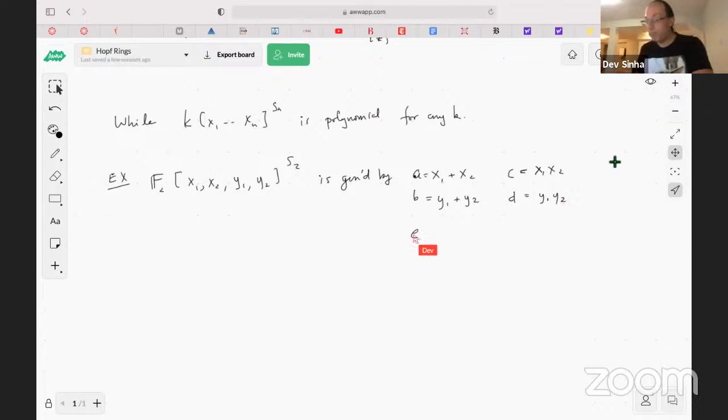So I'm going to take two generators, even though you'll see I only need one. So one is x1 y1 plus x2 y2, and the other is this more interesting one, perhaps. Maybe not really, but okay.